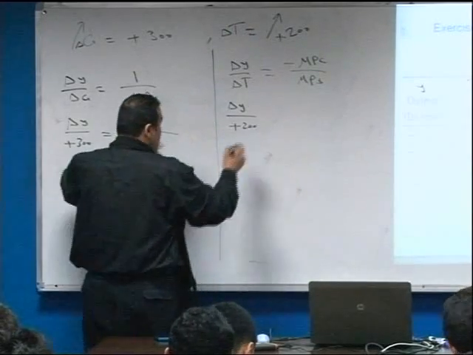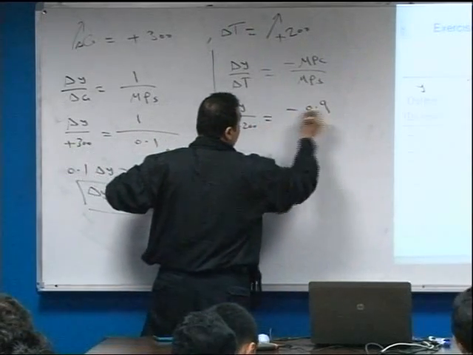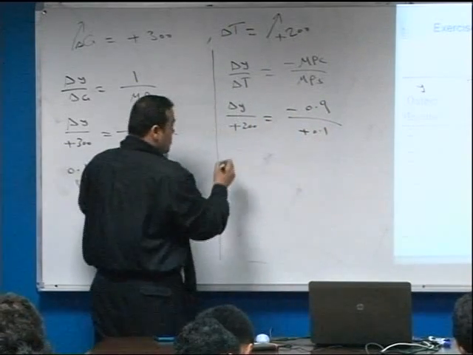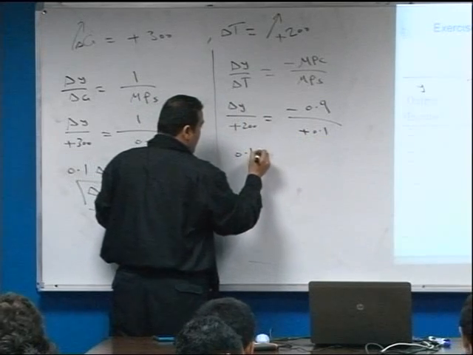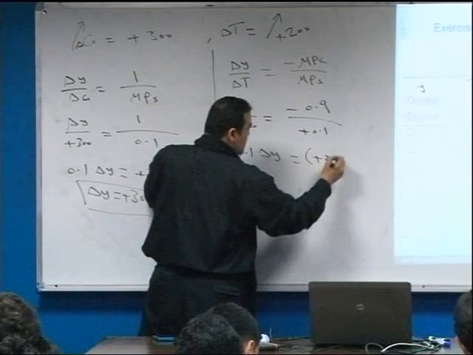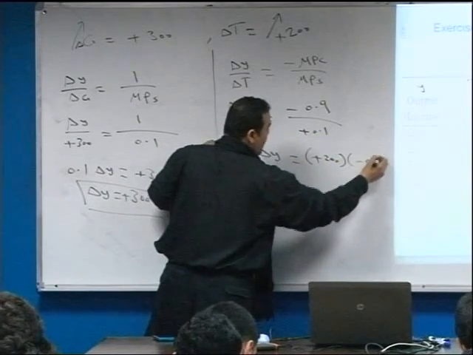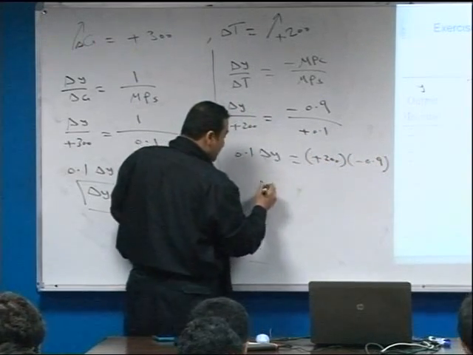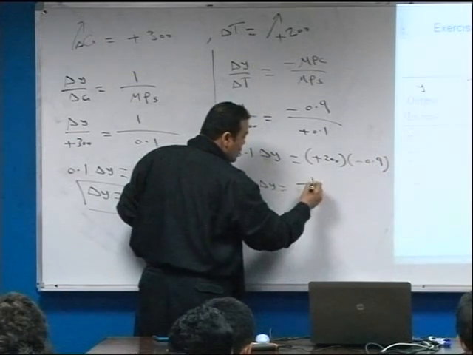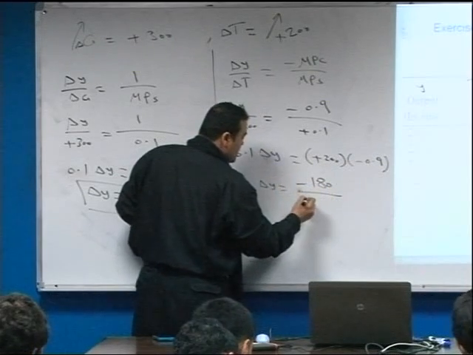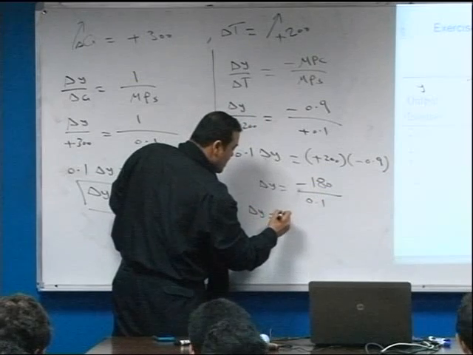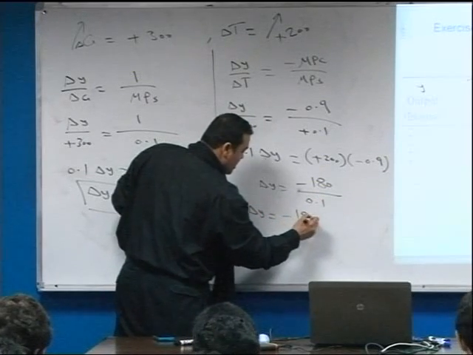So equals minus 0.9 over 0.1. So delta Y equals positive 200 times minus 0.9, minus 180 over 0.1. So delta Y equals minus 1,800.